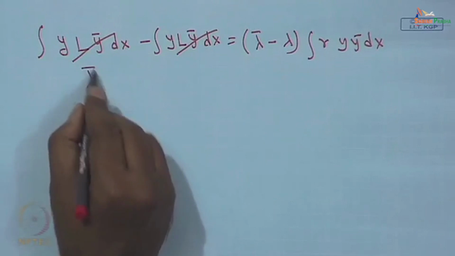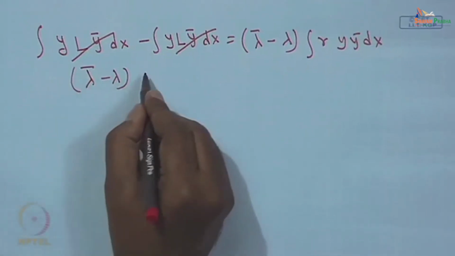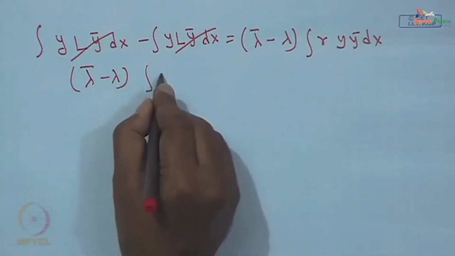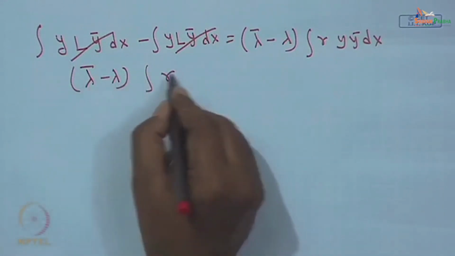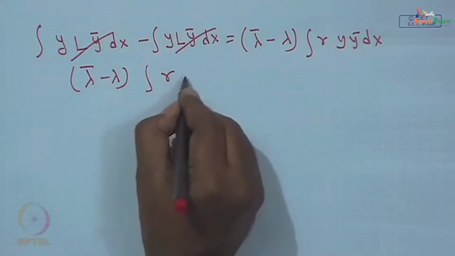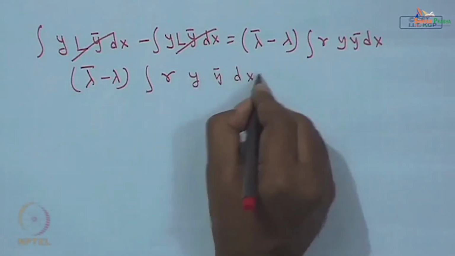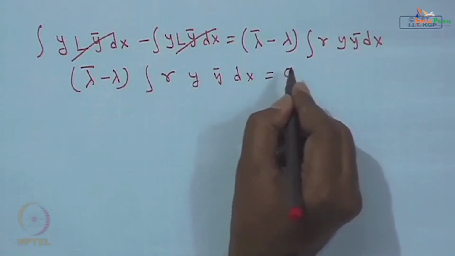So, lambda bar minus lambda is taken out, and lambda bar minus lambda times the integral of r y y bar dx is equal to 0.